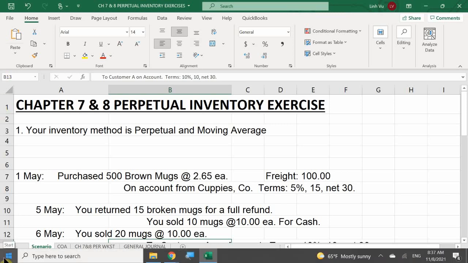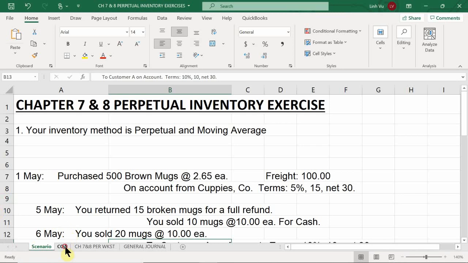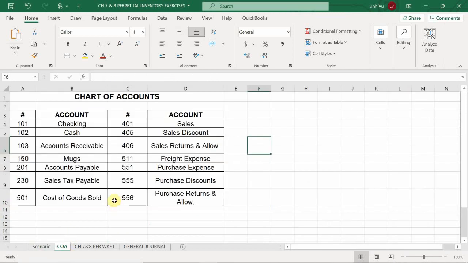We bought brown mugs, okay? I have a chart of accounts, so make sure you look at that. So how am I going to journalize this transaction?